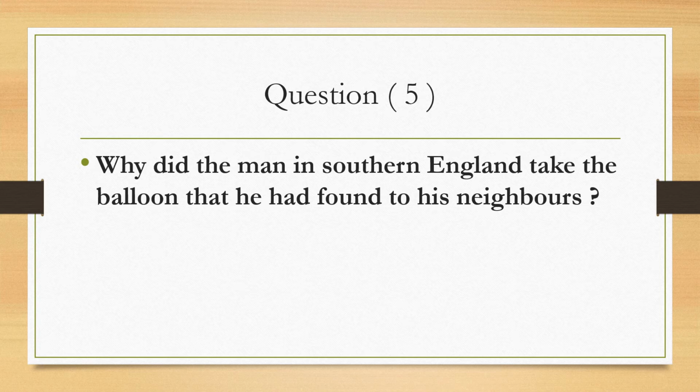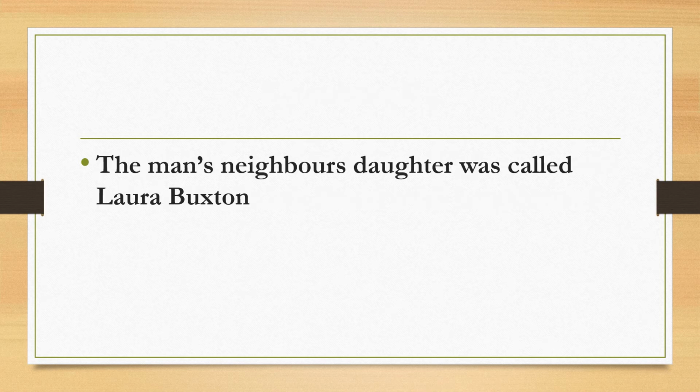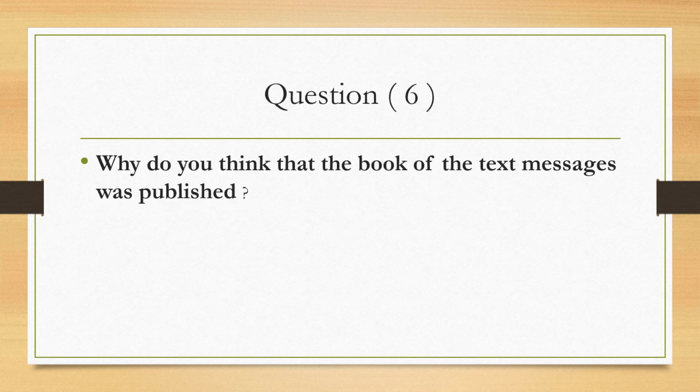A few weeks later, a man in southern England found it and took it to his neighbor. Why? Because the man's neighbor's daughter was called Laura Buxton. The balloon had a girl's name written on it, so the two girls have the same name.